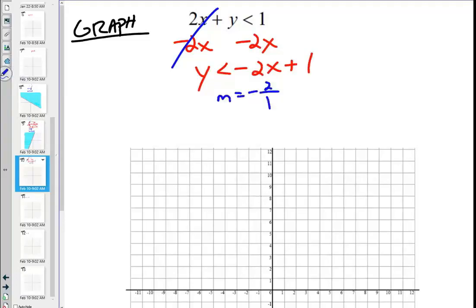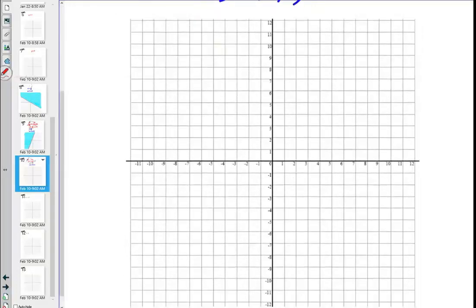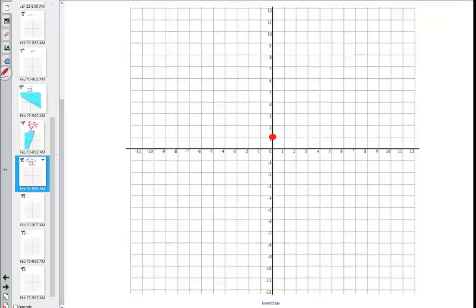Negative 2 over 1. What's the y-intercept going to be? 1. So I'll start off at 0, 1. Negative slopes take me up left and down right, so I can go up 2 left 1 or down 2 right 1.